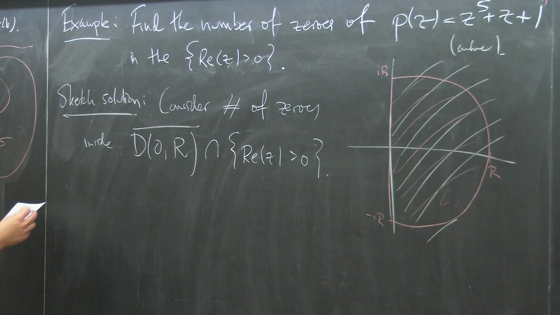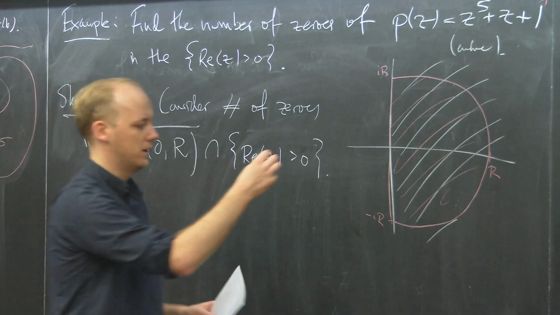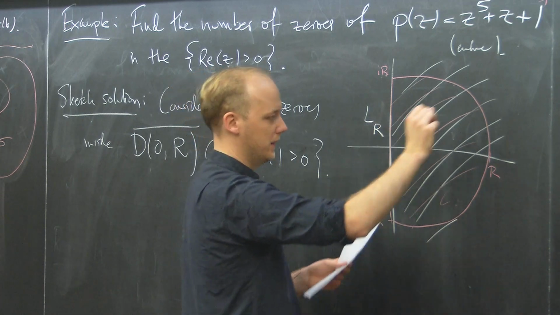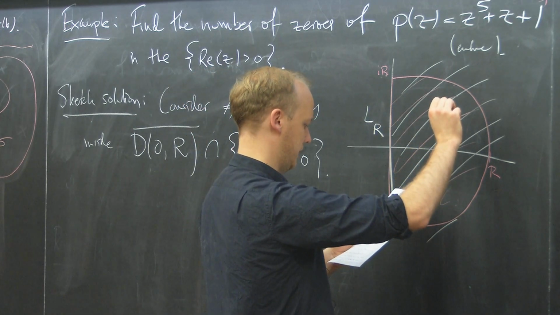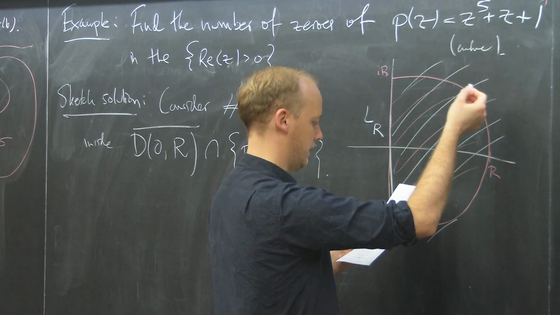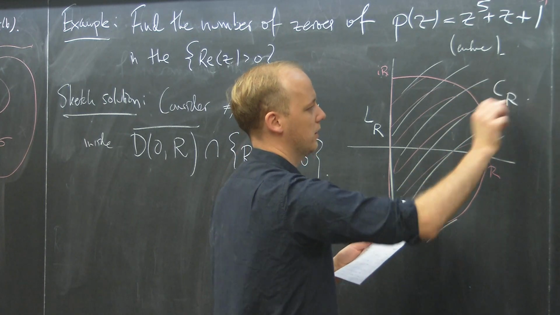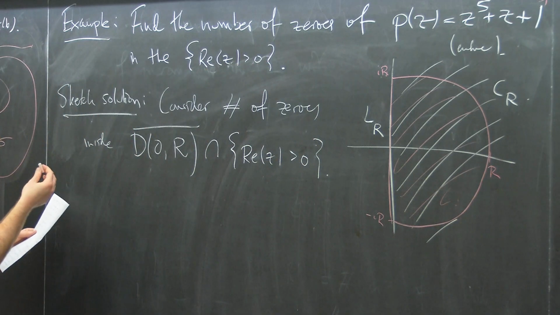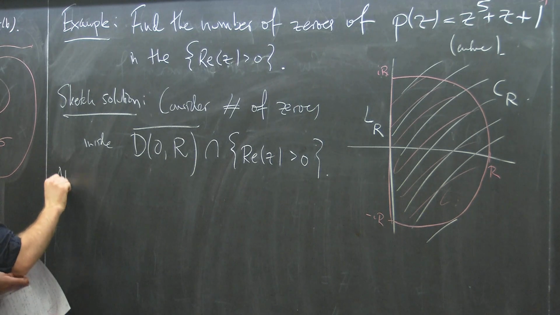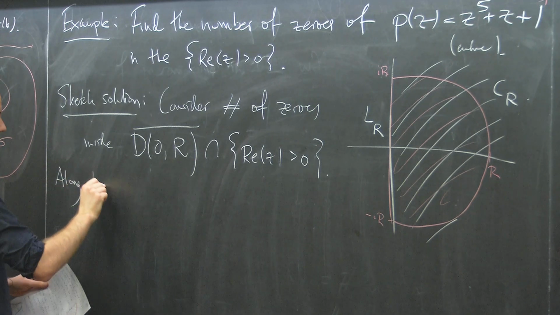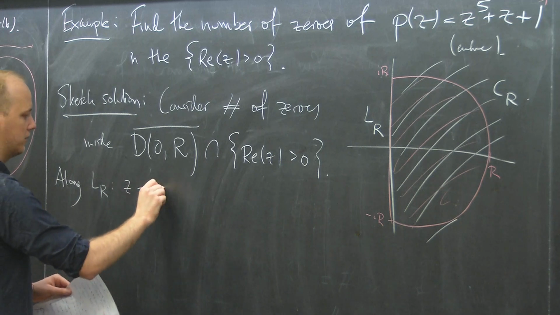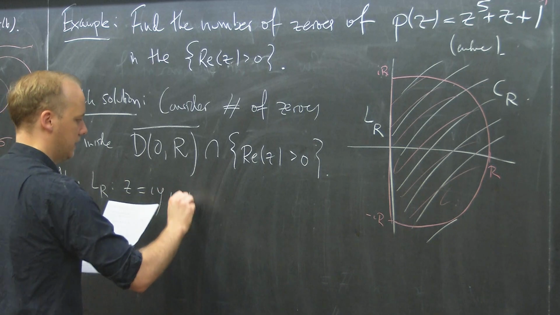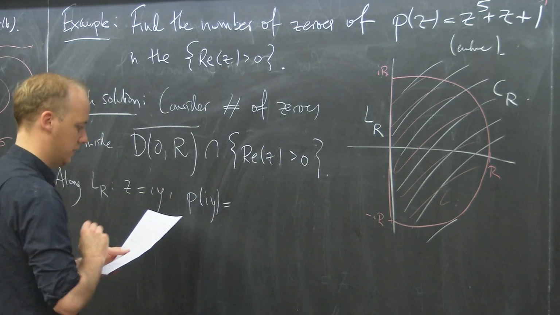Okay, so let's call this part LR for the line, and this the curved part, CR or something. I don't know what I called it in my notes. But anyway, along this LR, the line where z is equal to just iy, we can see that P of iy is equal to the following.